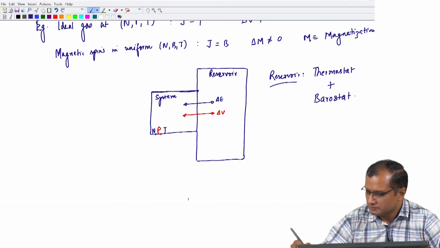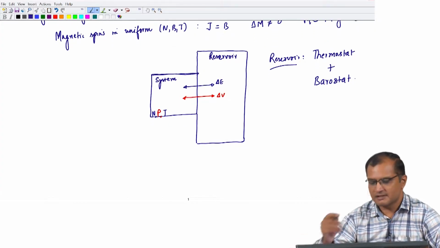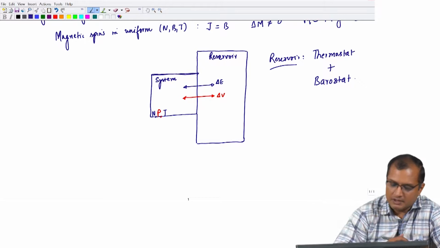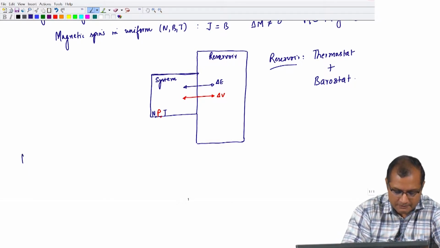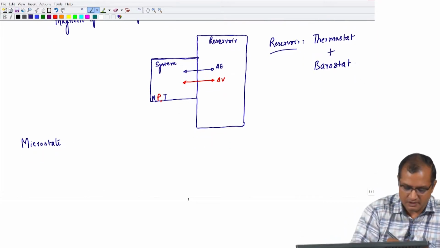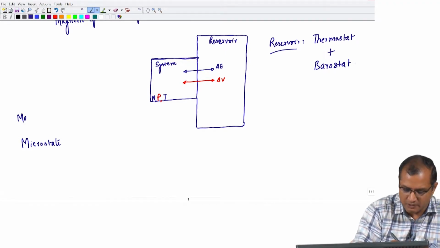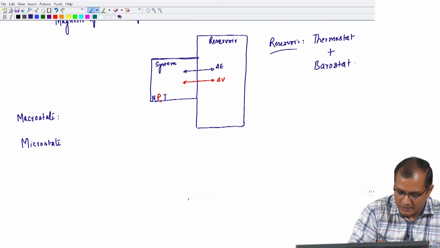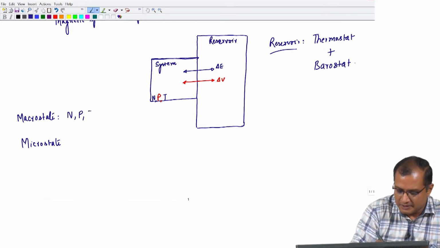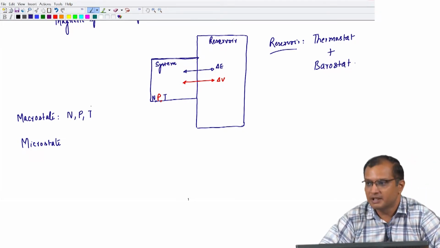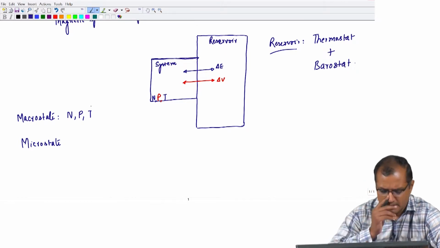Now, for such systems, let us first describe the microstate. We already know the macro state is N, P, T, the specified values of N, P and T. Okay.